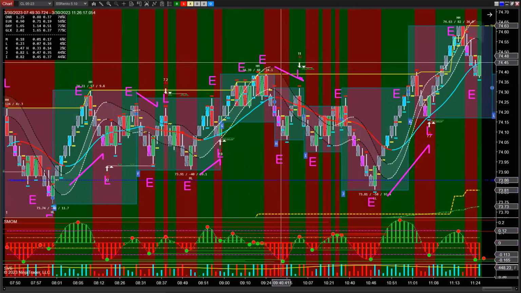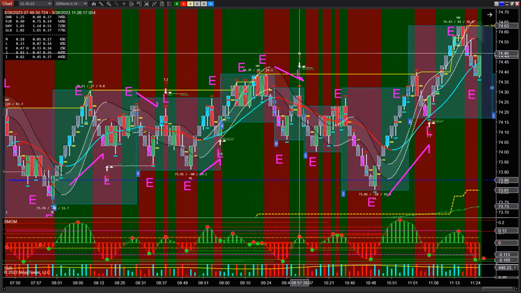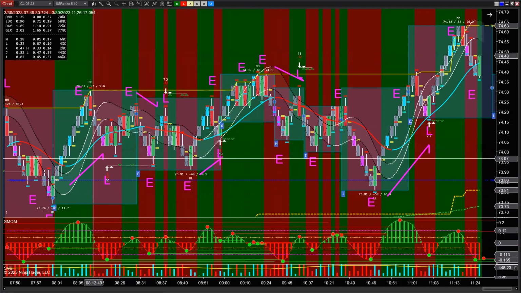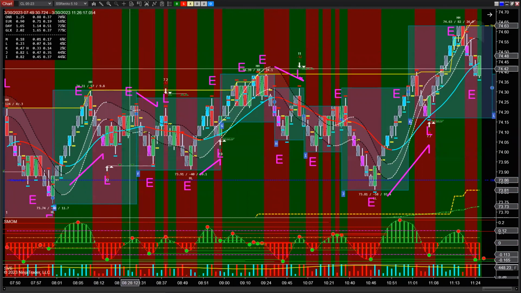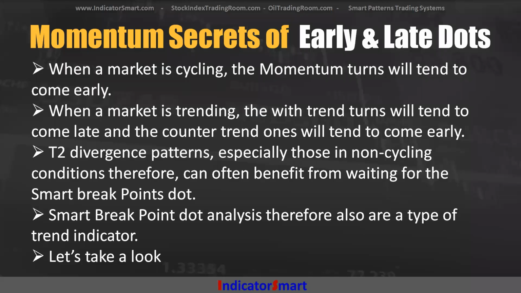Now, I just placed trade markers on this chart where the dots came late after an early, just like I said. Anywhere I put these arrows, I just marked it out. And then we can look back at where we were and take a look at this.